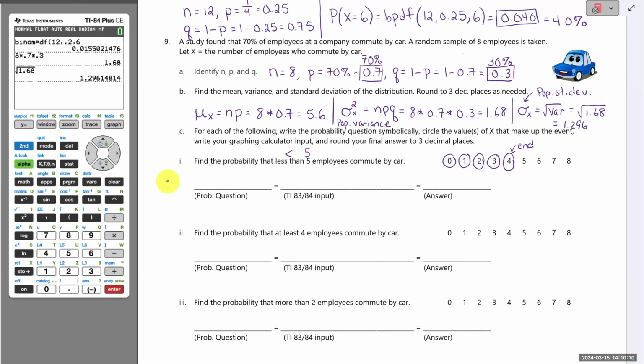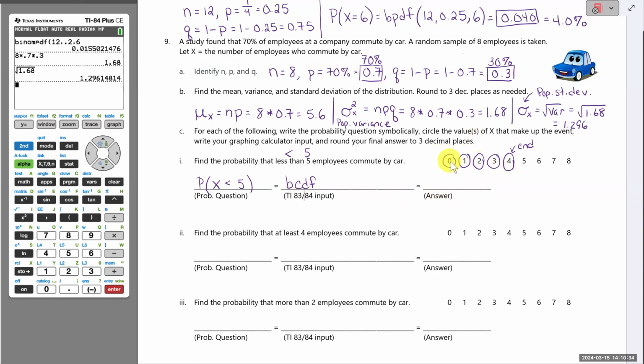All right, so let me start with the question. Probability that X, the variable for number of successes, is less than 5. All right, so binomial CDF, for cumulative distribution function. So cumulative, we'll start adding these probabilities.